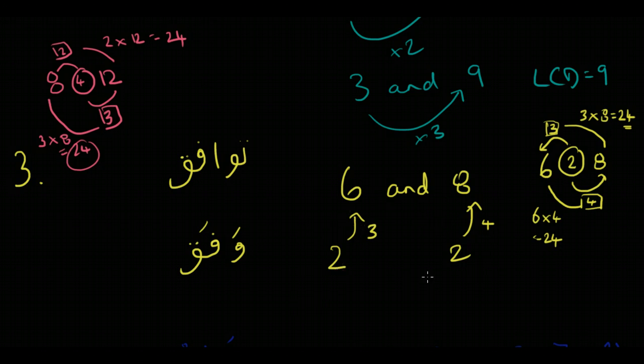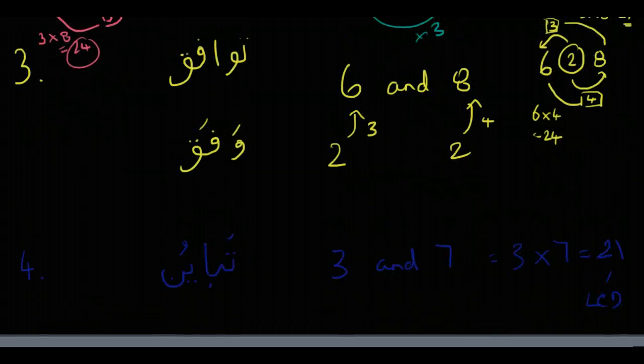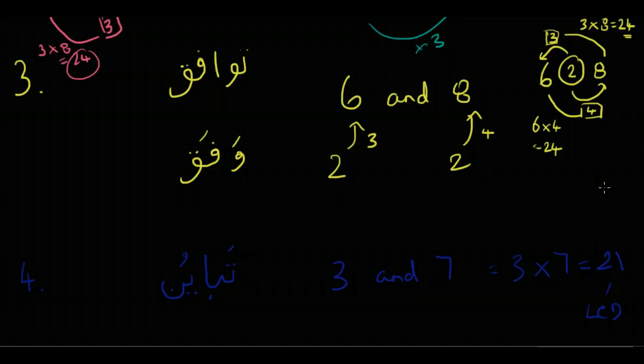However, there's a third number, the wafuq, which goes into them both, and then we can work out the lowest common denominator from there. And then finally is the tabayun, where there's two numbers, one goes into the other, but there's a remainder. However, there's no whole number which goes into both of them, and so we work out the lowest common denominator simply by multiplying the two.